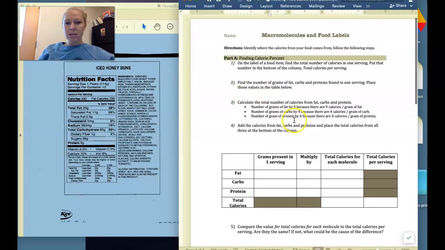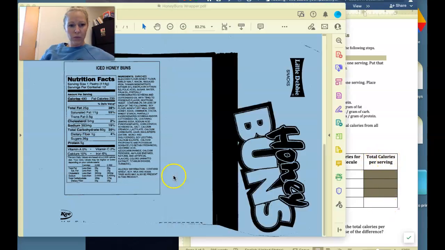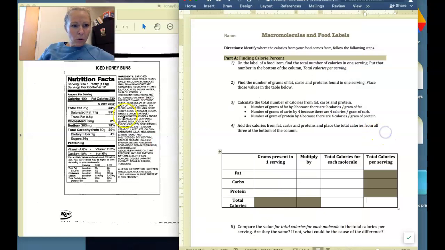So let's start here. On the label of the food item, find the total number of calories, and put that total number at the bottom of the column, total calories per serving. The total calories per serving is 490. Put that there. Now find the number of grams of fat, carbs, and protein in one serving.